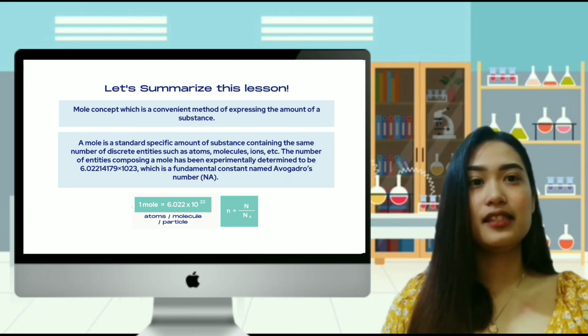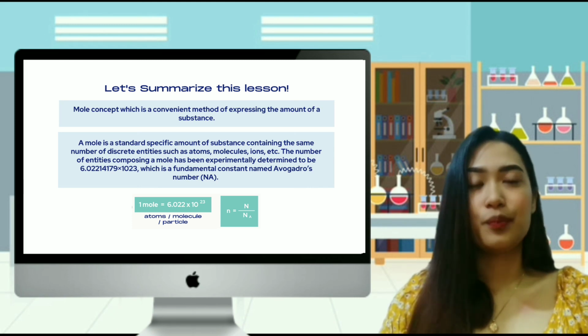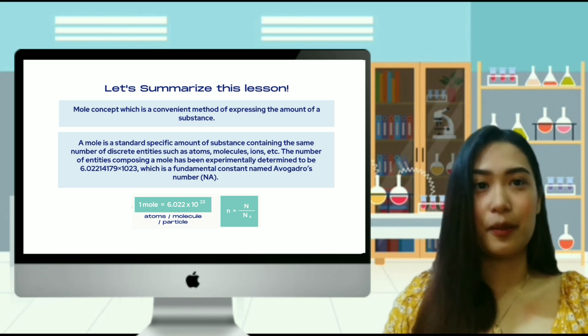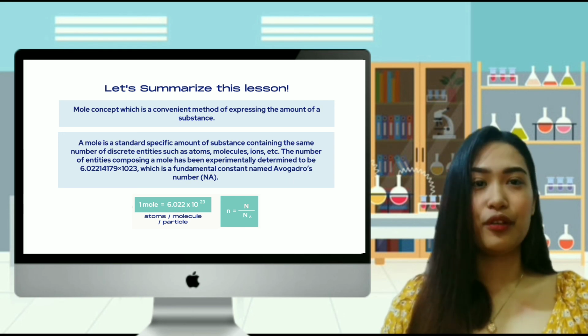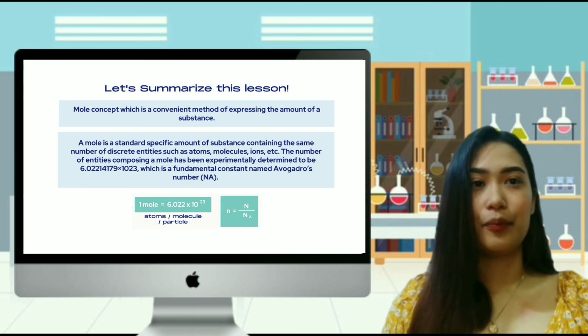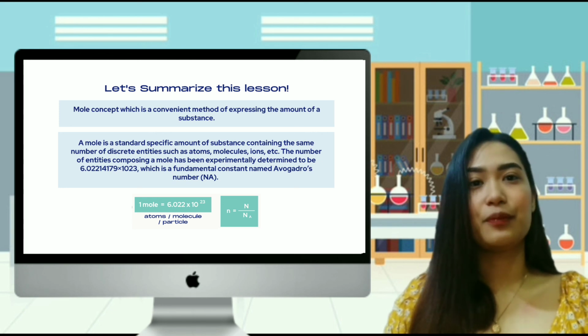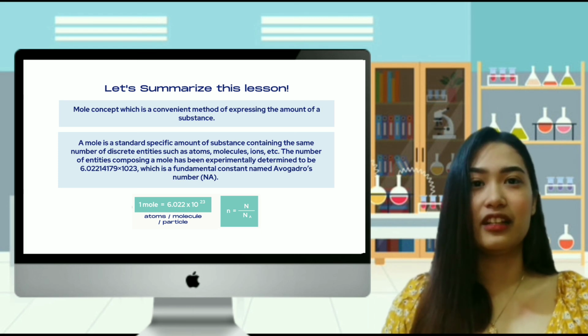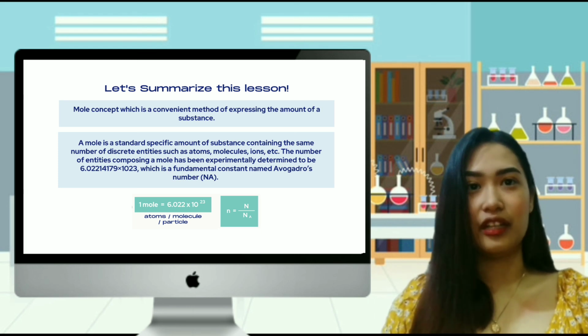The number of entities composing a mole has been experimentally determined to be 6.022 times 10 raised to 23, a fundamental constant named Avogadro's number, denoted as N sub A. To get the number of moles of a substance, the total number of entities in a given sample should be divided by Avogadro's constant. Mole concept provides a bridge between the atoms and the macroscopic amounts of materials that we work with in the laboratory.